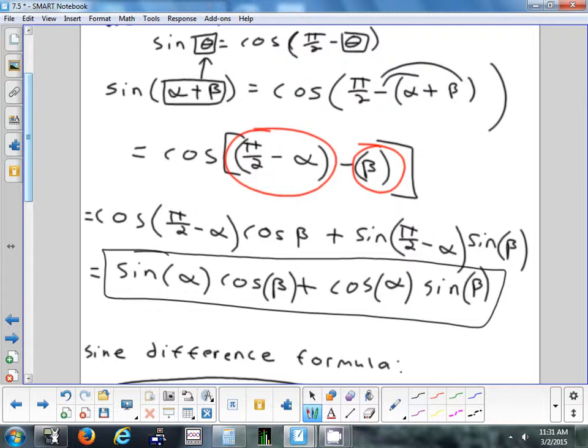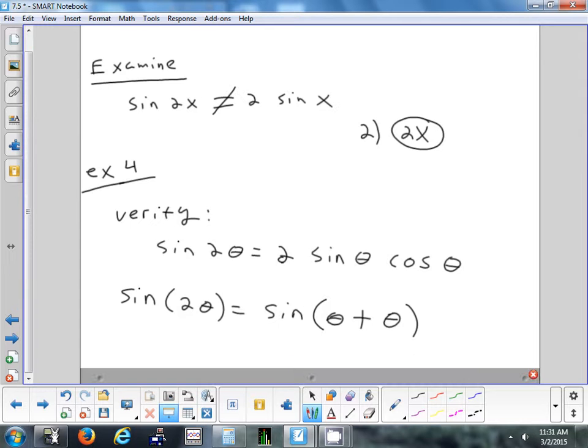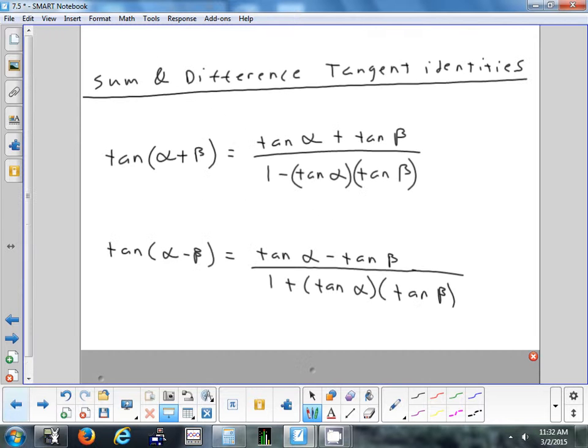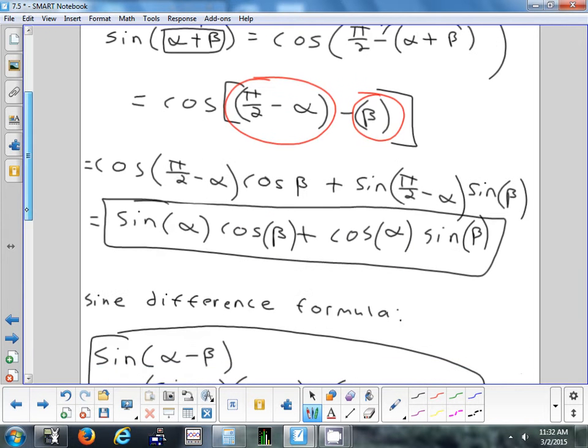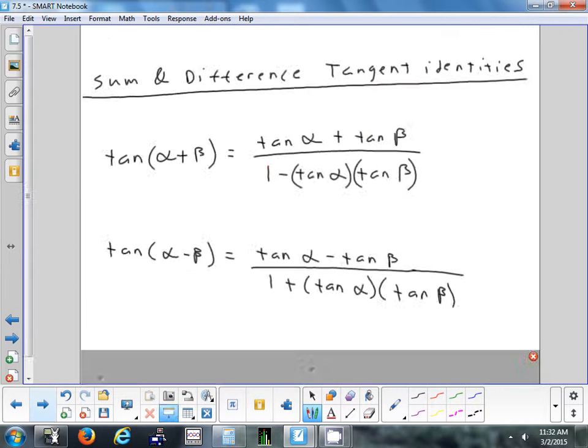Okay, let's take sine of the first, cosine of the second. So let's do it out. This is my first, this is my second. Oh, they're the same. So sine of the first, cosine of the second, plus cosine of the first, sine of the second.